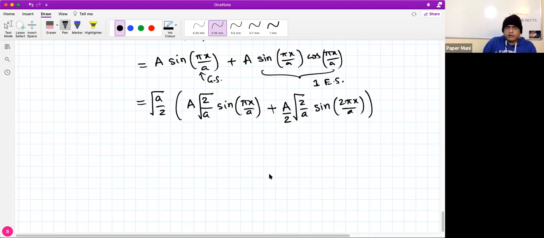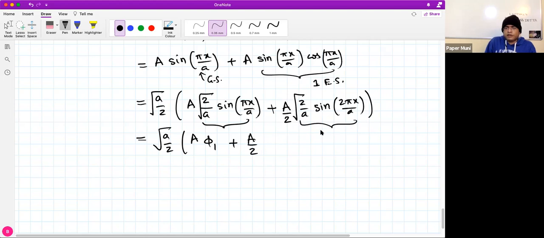You can write this using the notation. This will be phi 1, and then we have a/2, and this quantity can be written as phi 2.